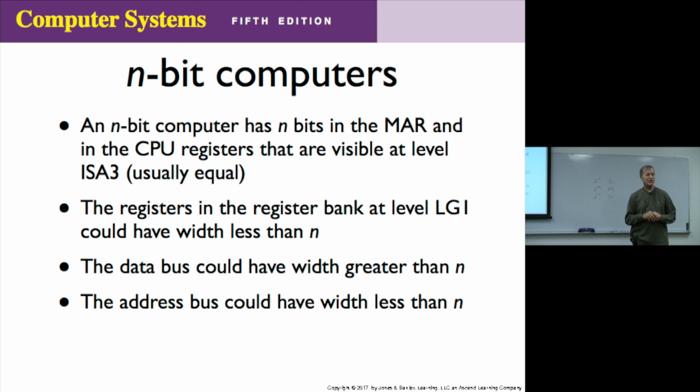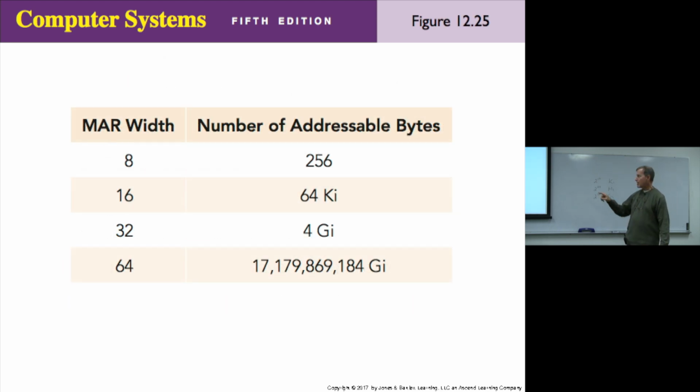So if you have a 64-bit chip, do you think that actually all 64 lines are used? The answer is no, because look at this table in figure 12.25. If the MAR width is 8 bits, then you can access 256 bytes. And if the MAR width is 16 bits, you can access 64 kilobytes.